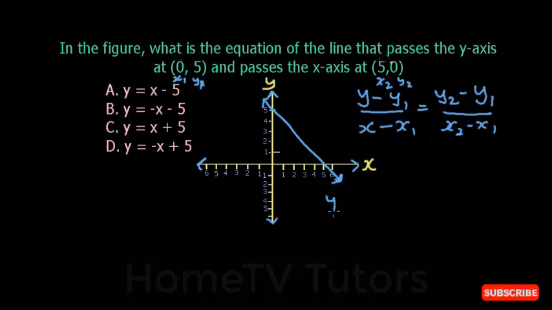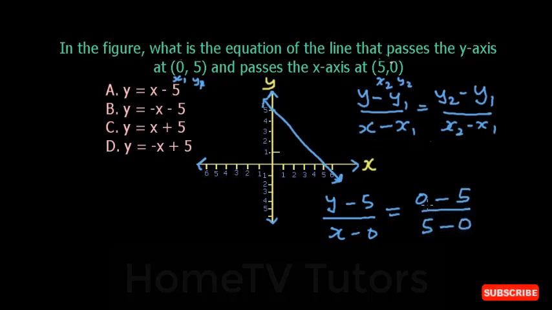So now we have y minus y1, which is now 5, over x minus x1, which is now 0, equal to y2, which is 0, minus y1, which is 5, over x2, which is 5, minus x1, which is 0.